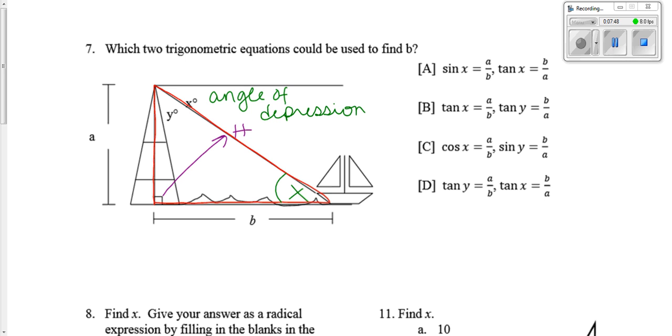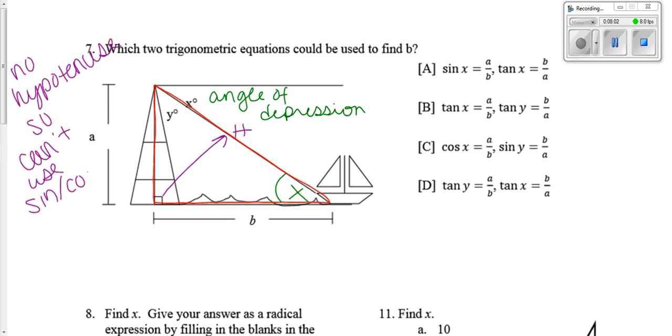So I don't have any information about my hypotenuse, so I can't use sine or cosine. To narrow out some answers, I'm going to cross off any of them that involve a sine or cosine. So automatically, A and C go away.